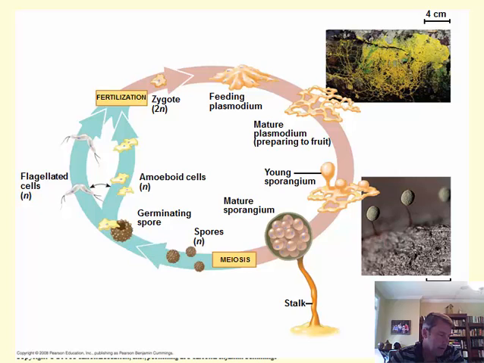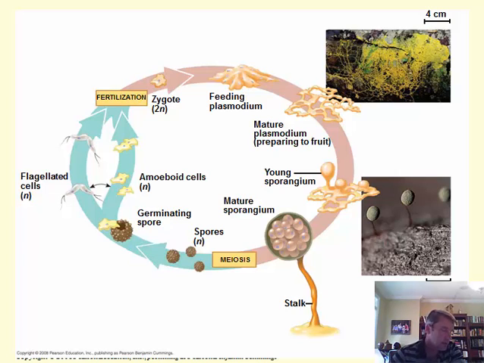And again, they were once thought to be in that group, but they're quite different from that. They do not have the type of cellular structure that fungi have, so they're not fungi. So they have been placed in this group, the Protist.